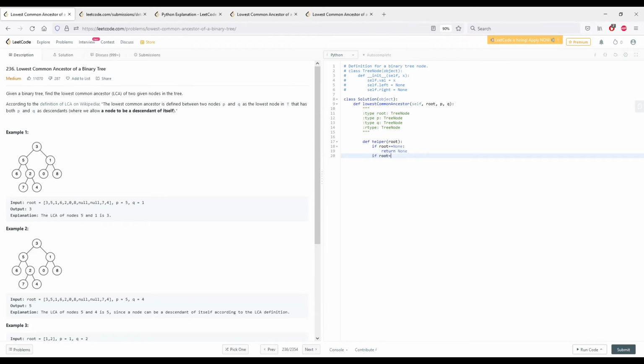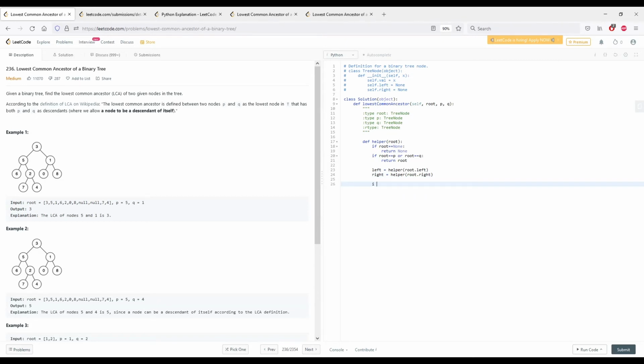And if root is P or root is Q, that means we found the node, since a node can be a descendant of itself, then we're gonna return root. Else, we have left recursively call helper on root.left, and right is equal to helper on root.right.